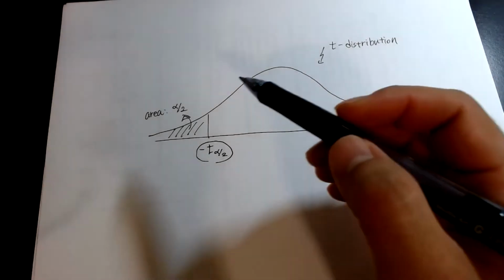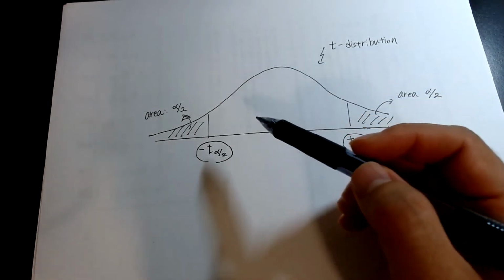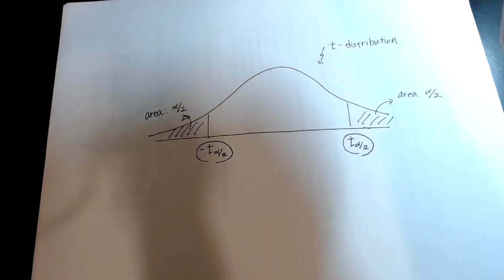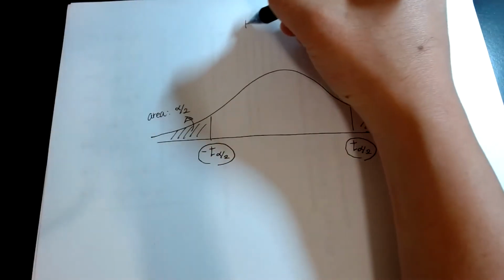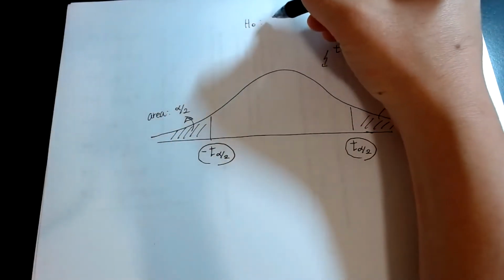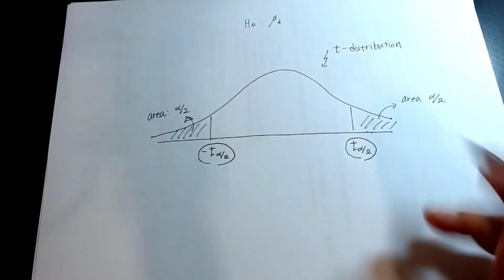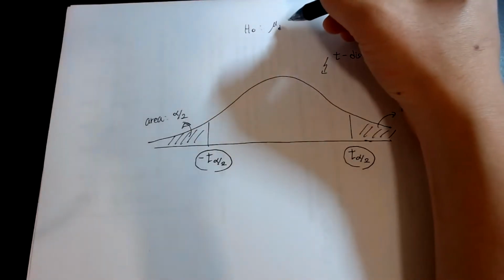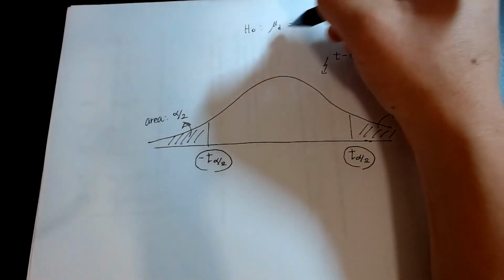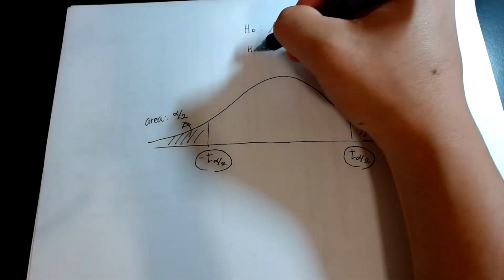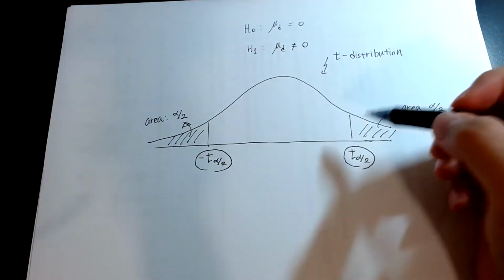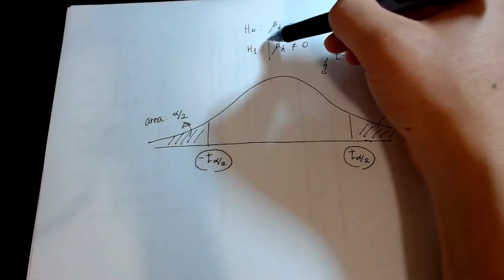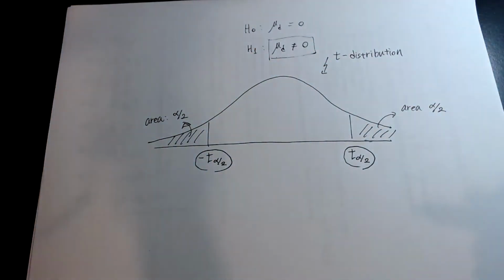In problem number 3, the null hypothesis is that the mean of the differences, mu d, is equal to 0, meaning there is no difference. The alternative hypothesis is that mu d is not equal to 0.